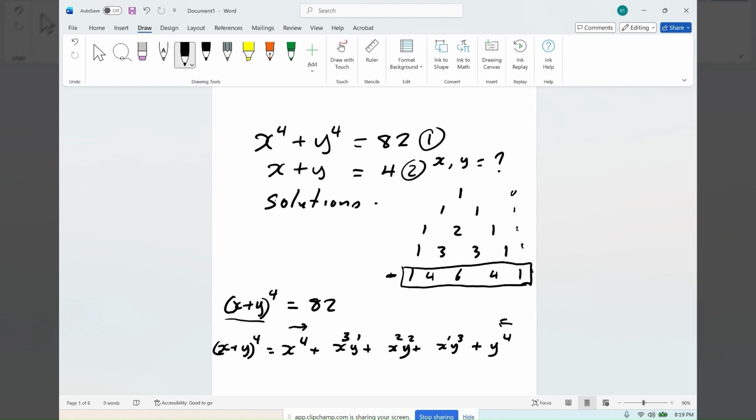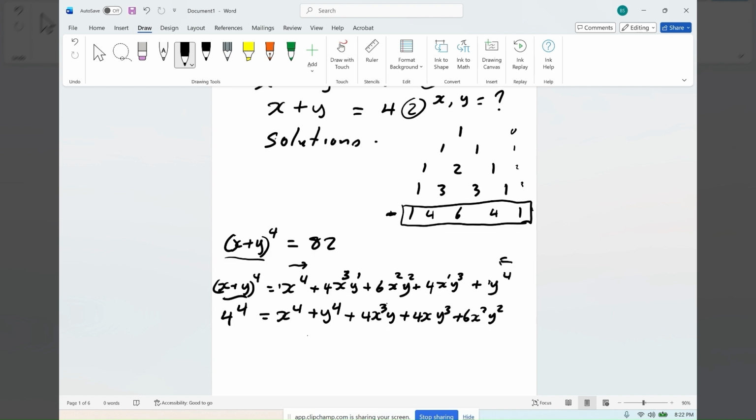And now let's add our coefficients: 1, 4, 6, 4, and 1. We know that x plus y is equal to 4, so now we have 4 to the 4 is equal to x to the 4 plus y to the 4 plus 4x cubed y plus 4x y cubed plus 6x squared y squared.